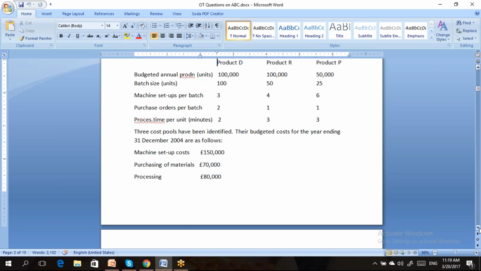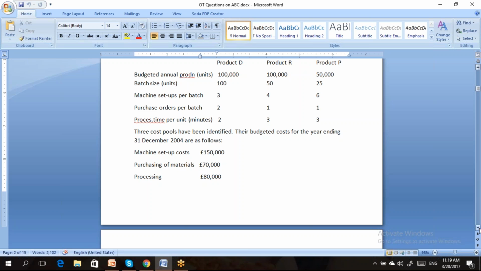Processing: the budgeted cost for the year is 80,000. So you took the total cost, 80,000, and divided by 650,000. Now, are you getting per unit or per minute?